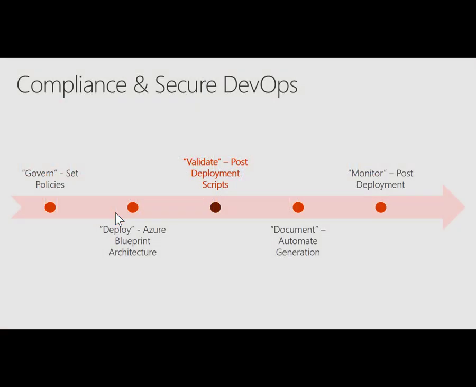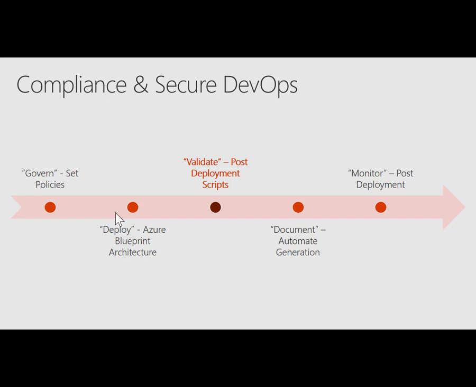That brings us to stage 3. So we talked about policies, we talked about deployment. Let's talk about validation. So once you've provisioned this Azure Blueprint template, or maybe a subset of that, you would want to still run some sort of a validation script to make sure, let's say, that OMS agents are appropriately installed.